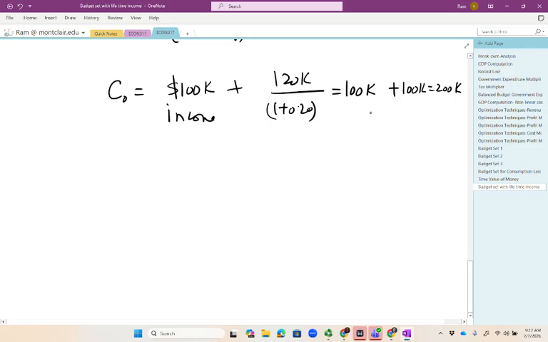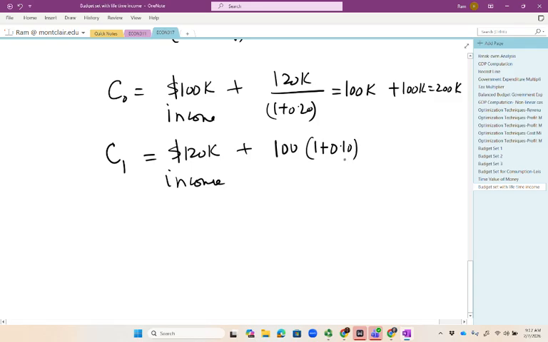No change here. All that changes is the C1, where I know 120k is the income the consumer receives when retired, plus now the savings of 100k from the working age income could generate an after-interest income of 100k times 1 plus 0.10.